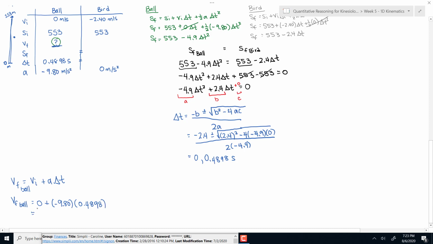And now I'm just going to type this up. So I have 0 plus negative 9.8 times 0.4898. And I get negative 4.8 meters per second. So that's my final velocity of the ball. And that's my final answer.